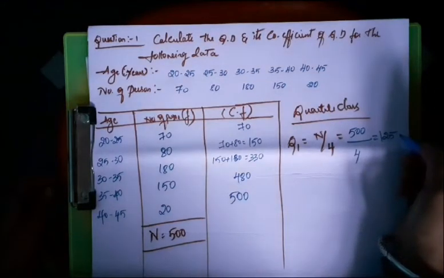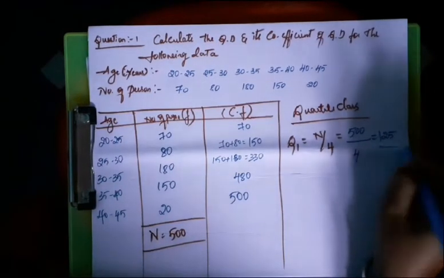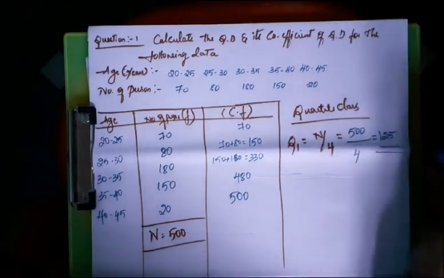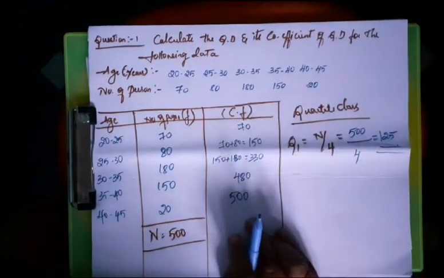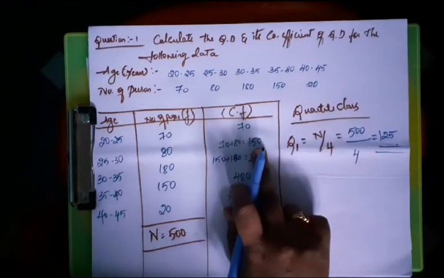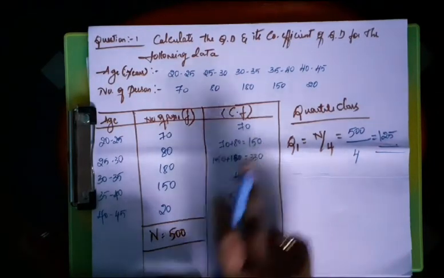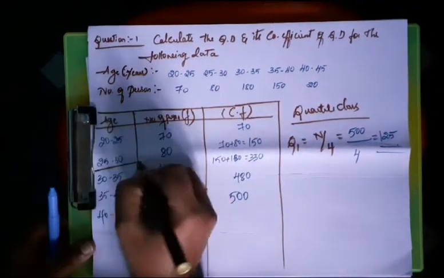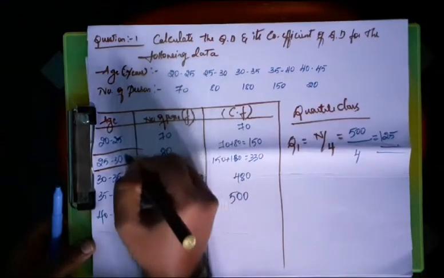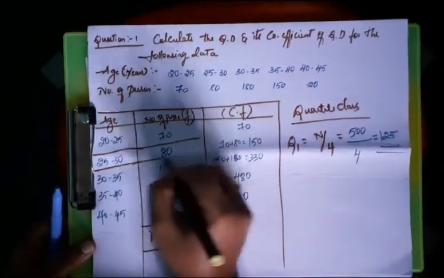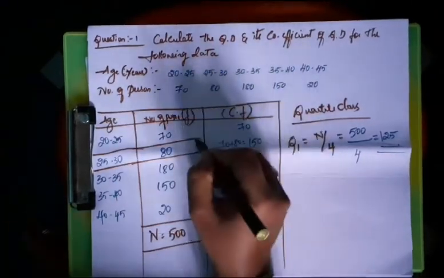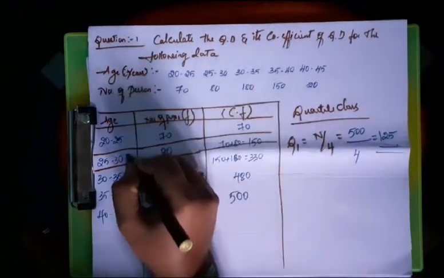So the 125th item has to be seen in the cumulative frequency. 125 lies in 150, right? So that is our quartile class. I'm marking this one. So this is Q1.